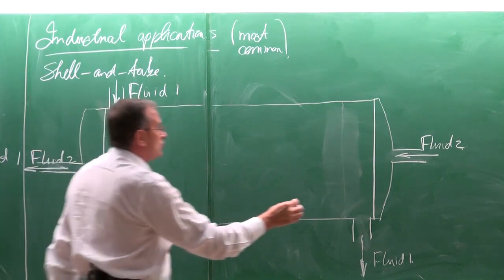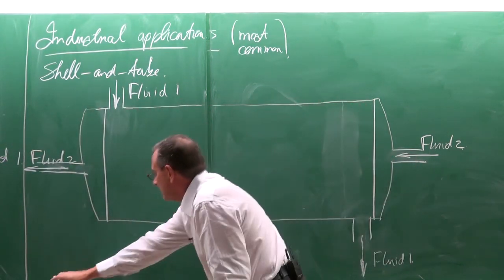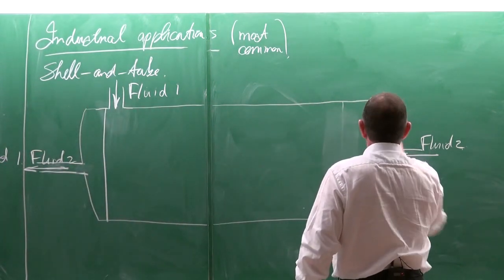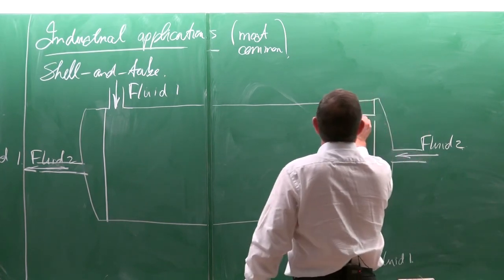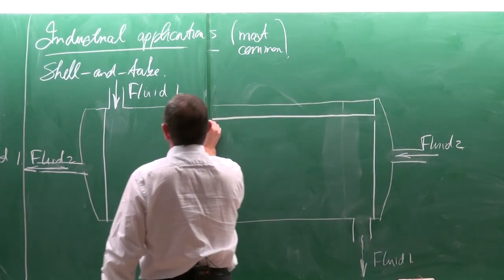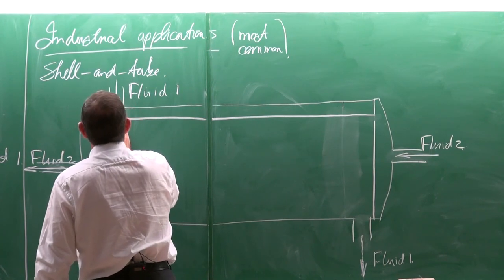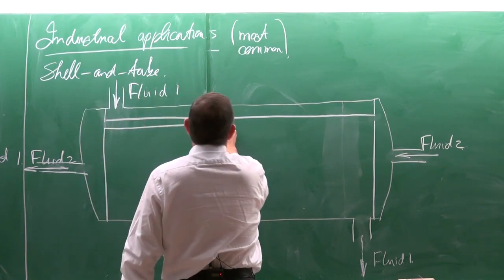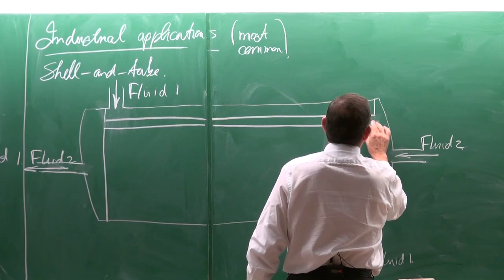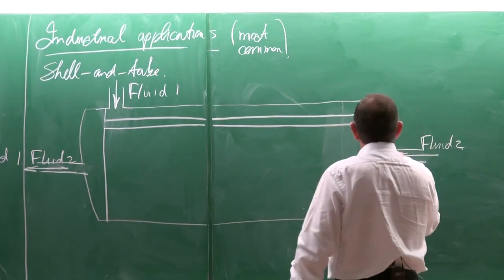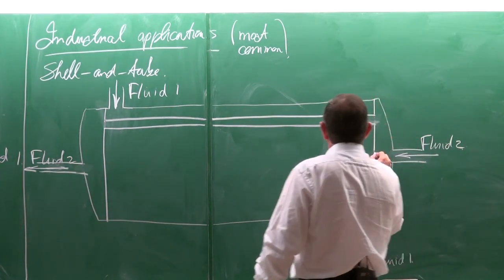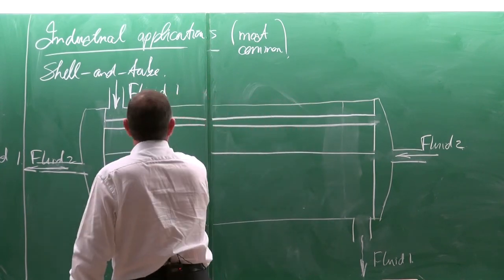Here will be fluid 1, or fluid 2, and here we will have a tube like that. And this tube would go through, typically like that. And I'm just going to draw 3 of them so that you can see the concept.